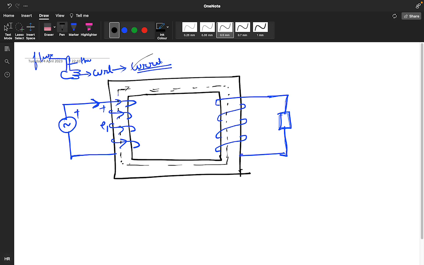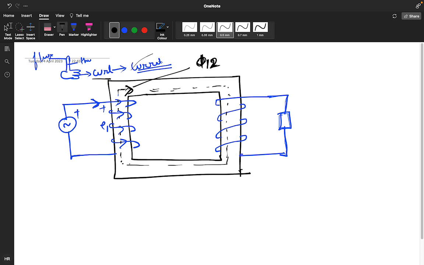This is my thumb, it's showing current, so the flux is coming like this. I am writing this particular flux as phi 12.